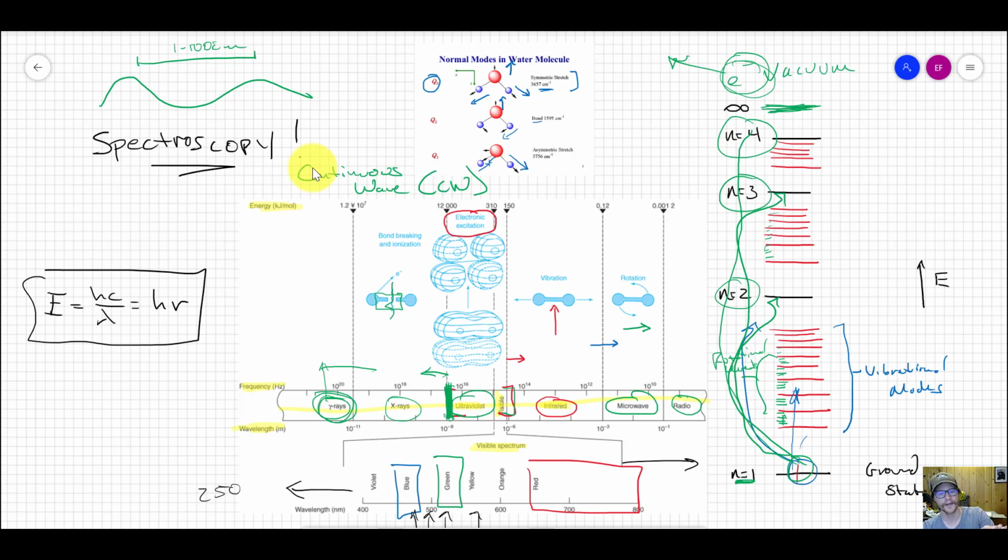There's an entire world of spectroscopy that opens up if you start pulsing and you only excite a molecule for a fraction of a second. And by fraction, I mean like 10 to the minus 15th, 10 to the minus 18th. We're talking about femtosecond or even attosecond pulses of light.